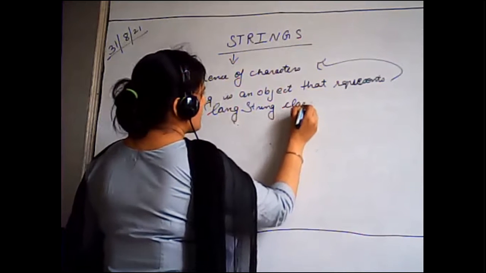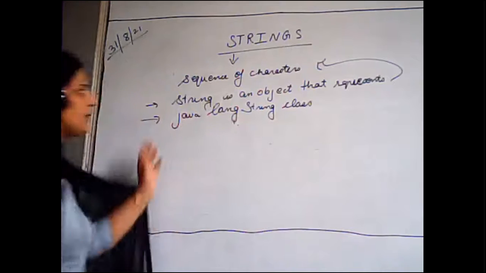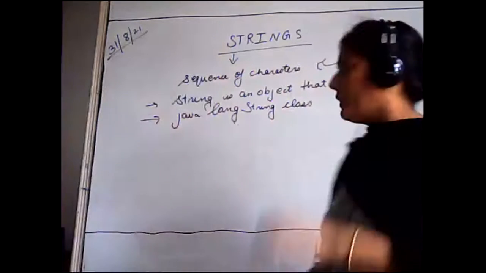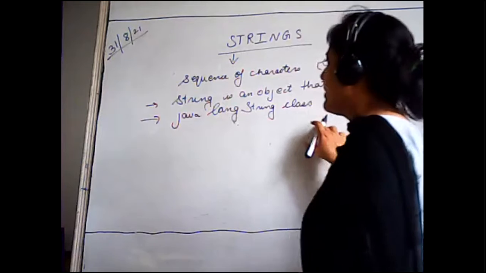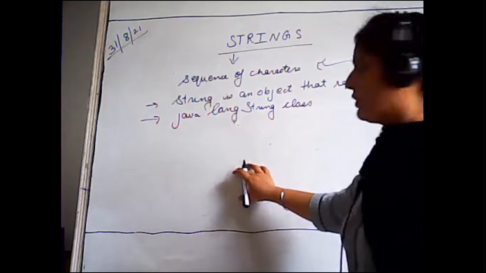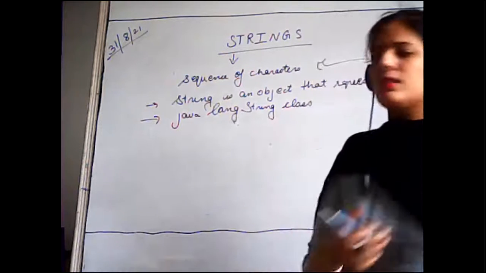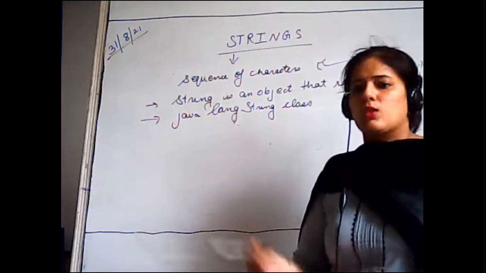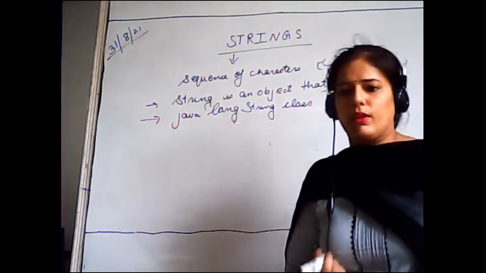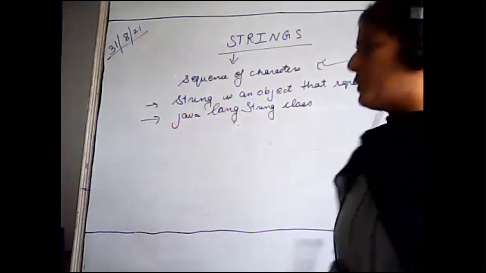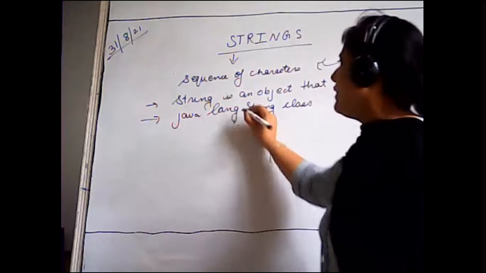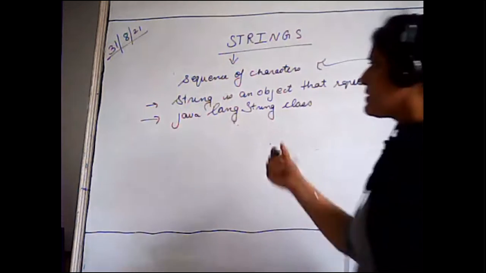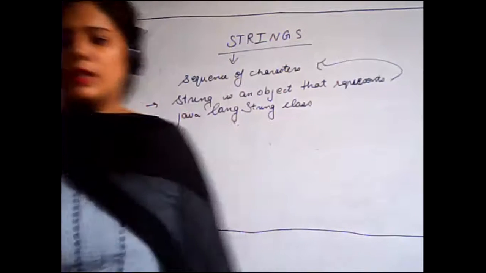So this is an inbuilt class that we will be using for the different string objects in this Java language. As you know, an object is a part of some type of class. So which inbuilt class do we use for the string object? That is the java.lang.String class. So this is how we are representing this particular string object here.